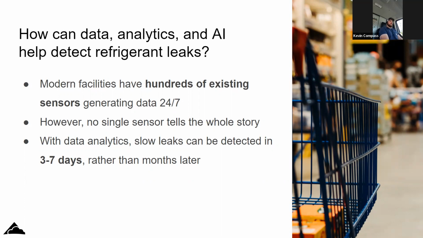Using that data and analytics, you could essentially assign a lower-level guy and give him that tool. He gets a little more insight into the system, or a service manager or lead tech could look at that and say, okay, you've got a leak over here, or this store looks like it's a little low on refrigerant, but it looks like we're logging gas in the condenser.